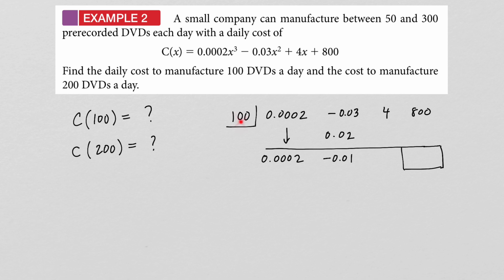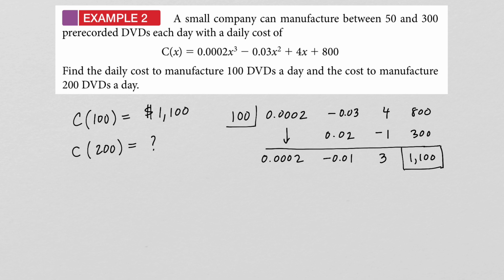Then we have 100 times negative 0.01, and that's actually just negative 1. 4 plus negative 1 is 3. 100 times 3 is 300, and 800 plus 300 is 1,100. So the cost to produce 100 DVDs is 1,100.